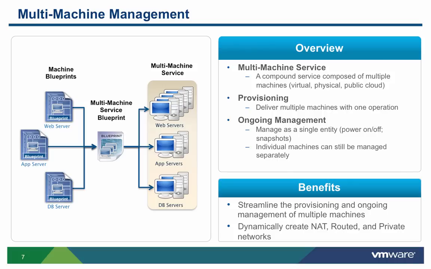This group of machines can then be managed as a single entity, or it can be managed separately if needed. The overall benefit is to streamline the provisioning and ongoing management of multiple machines within and/or across multiple platforms. Also, it's only through multi-machine blueprints that you're able to configure advanced operations that leverage the dynamic creation of NAT, routed, and private networks.